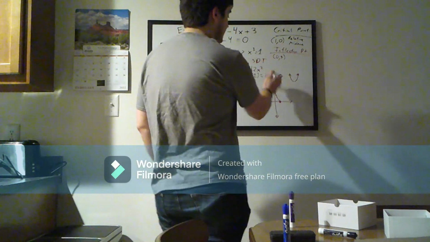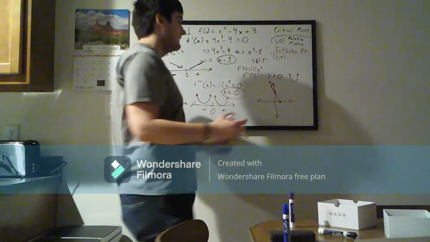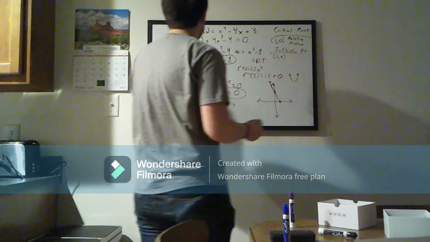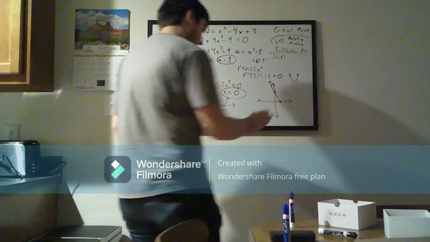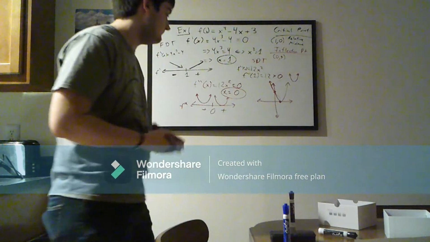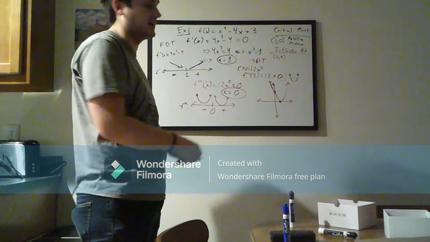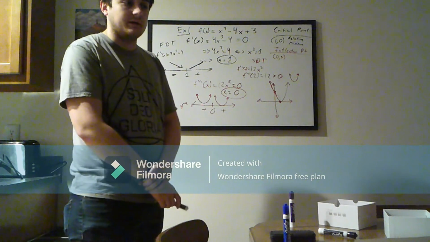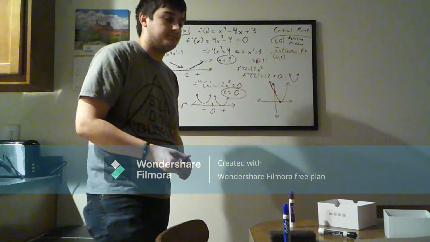So we're concave up before 0, we're concave up after 0, as we should be. Just make that look good. And then after 1, so we're decreasing before 1, and after 1 we start increasing. And so that is a good rough sketch of what our graph would look like.